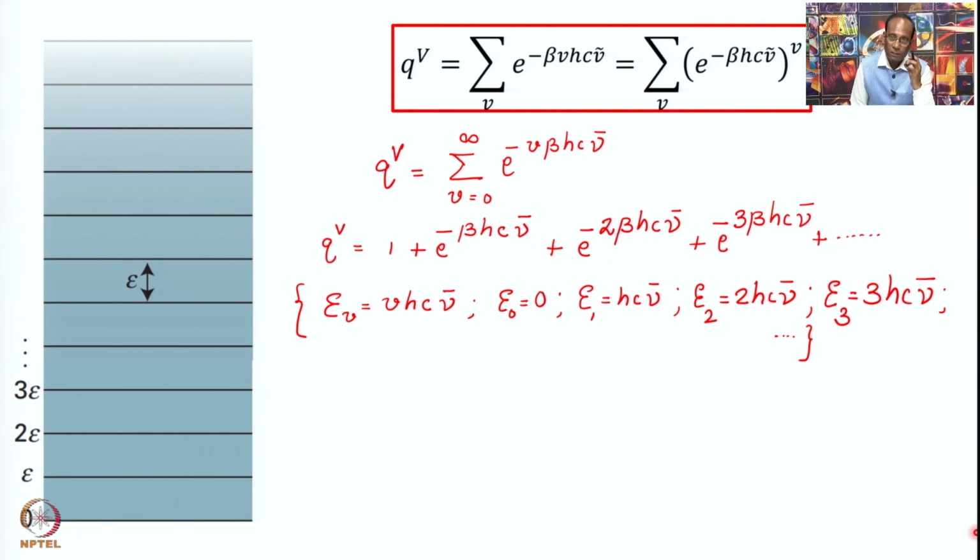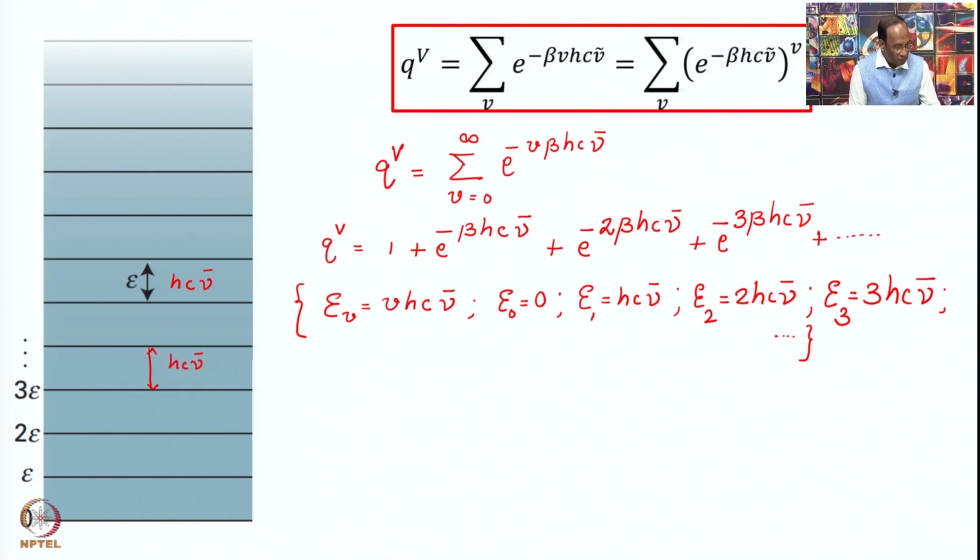So, the difference between the successive energy levels is h c nu bar.